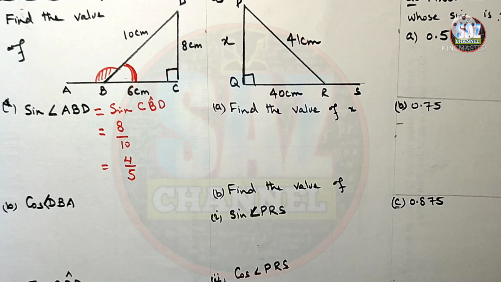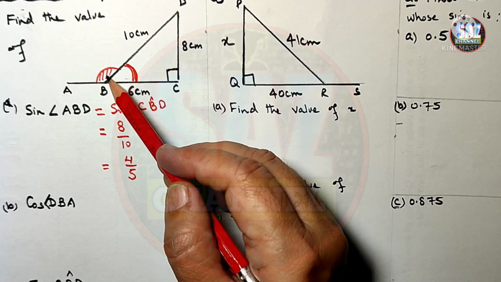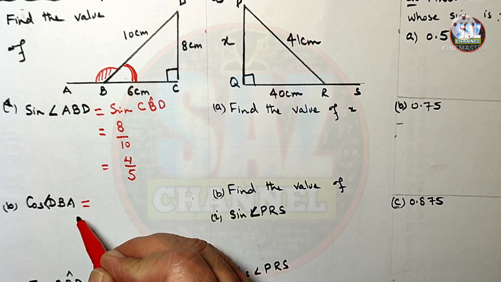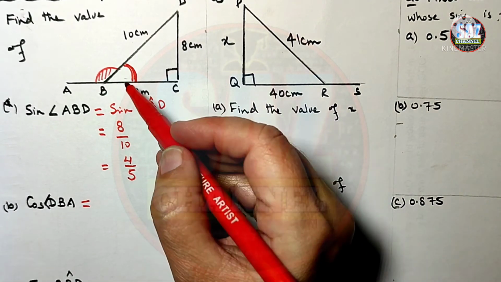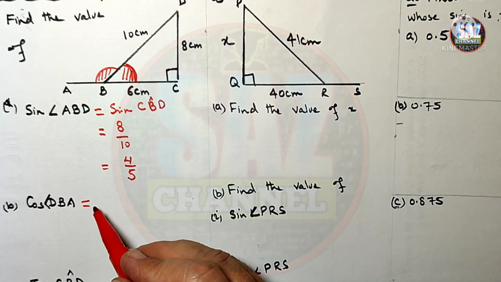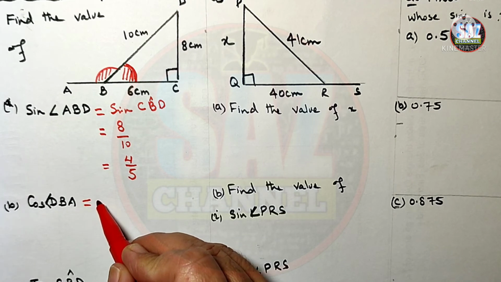Coming to the second part of the question, that is the cosine of DBA. Again we have to find the cosine of this obtuse angle. In order to get the cosine of this obtuse angle, we have to find the cosine of the adjacent acute angle. But what is the relationship between the cosine of acute and obtuse angle?